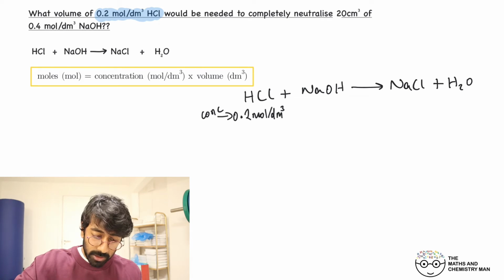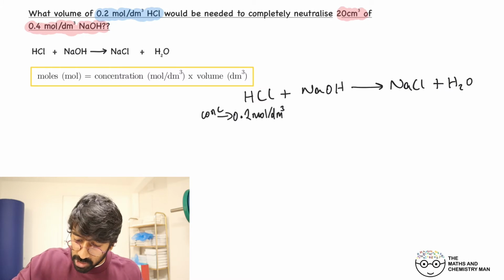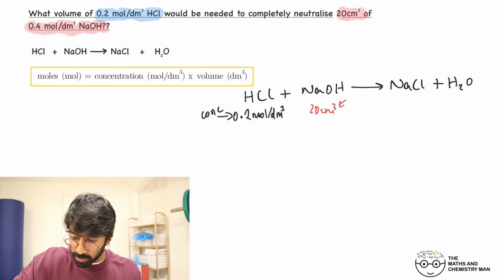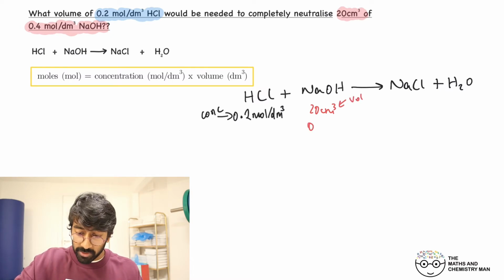Okay, next, what else have we got? We've got 20 cm cubed of 0.4 mol per dm cubed of NaOH. So underneath NaOH, I can put 20 cm cubed. What's that? That's a volume, right? So I'll put vol. And we've also got a concentration as well, 0.4 mol per dm cubed.